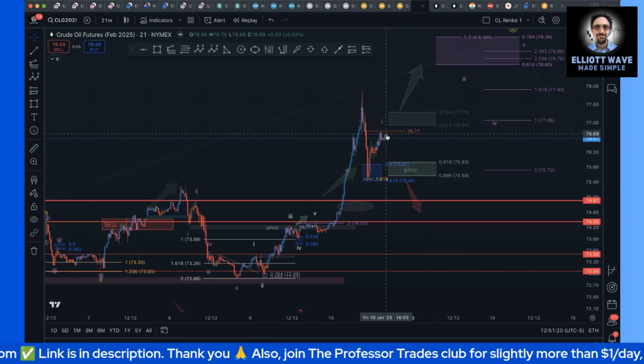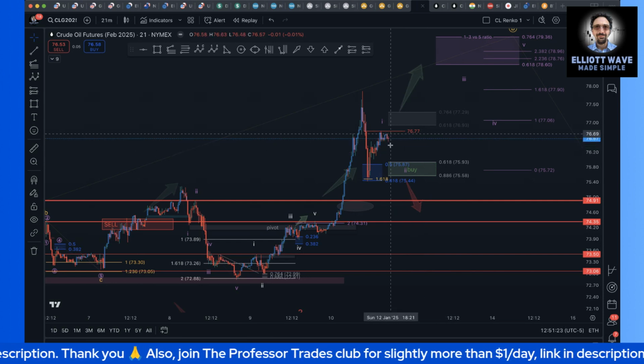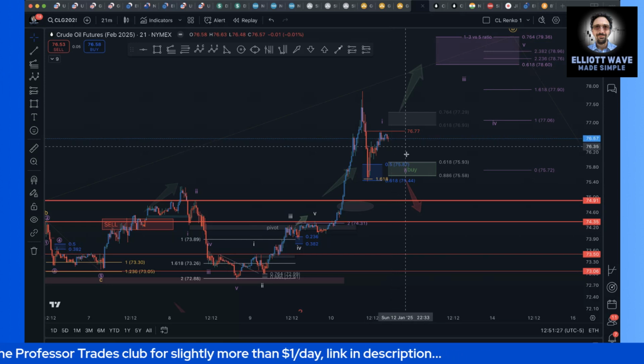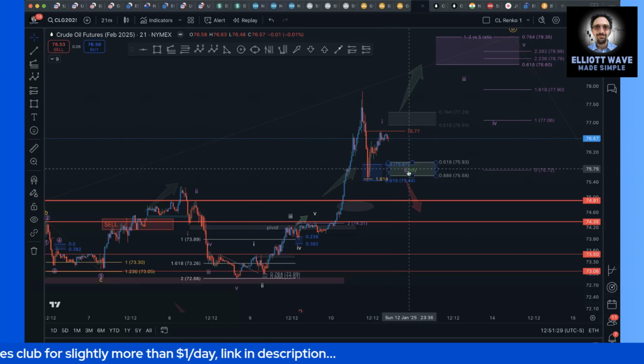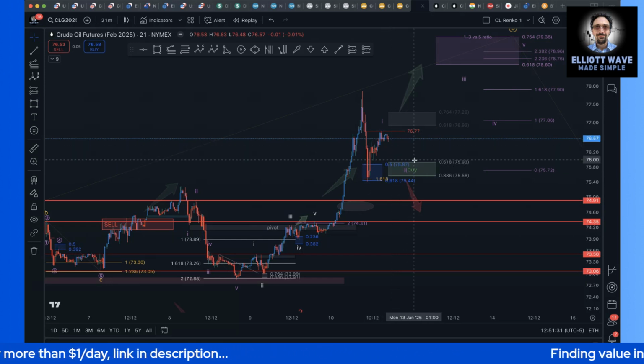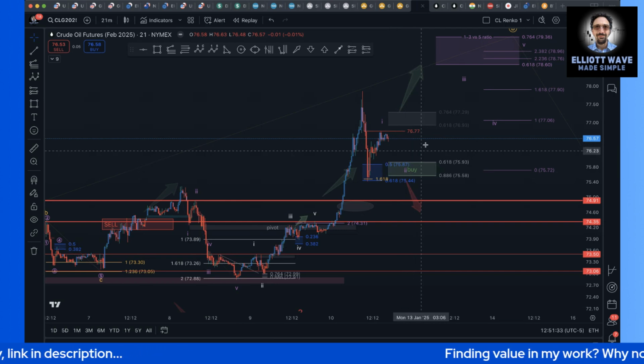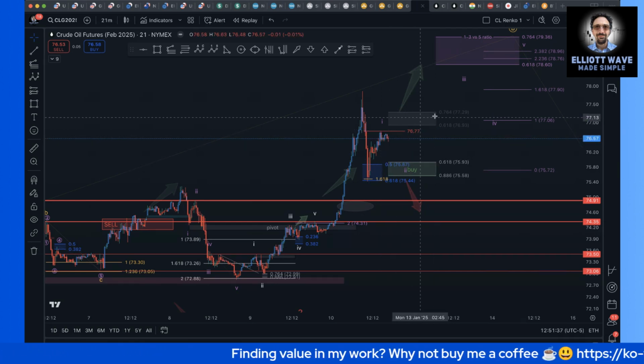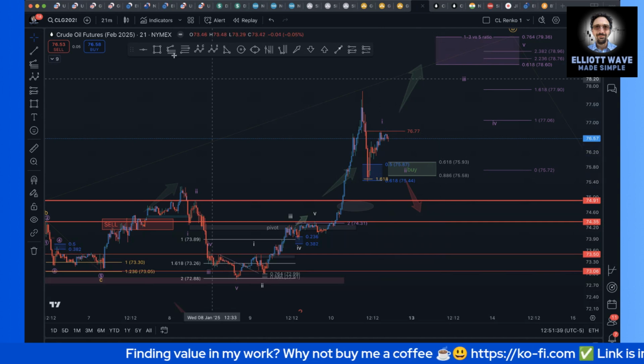If this does come down correctively, which means if you drill down on like a 3-minute chart and it comes down in 3 waves and then starts bouncing, if it comes back up and breaks the top of this level, that can be a place where you add.